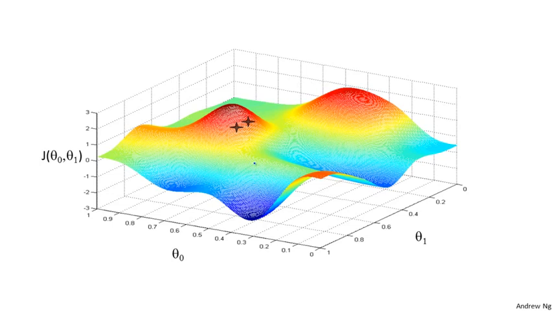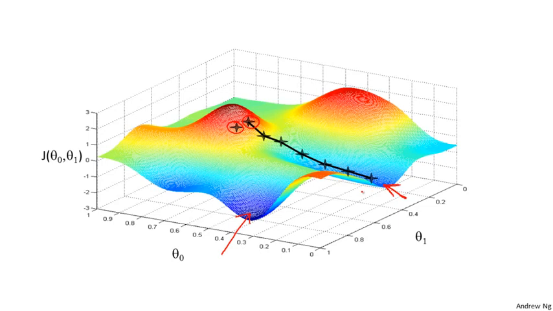If you were to repeat this process, start from that point, look all around, take a little step in the direction of steepest descent, then look around, take another step, and so on, gradient descent would have taken you to this second local optimum over on the right. So if you had started at the first point, you would have wound up at this local optimum. But if you started at a slightly different location, you would have wound up at a very different local optimum. And this is a property of gradient descent that we'll say a little bit more about later.